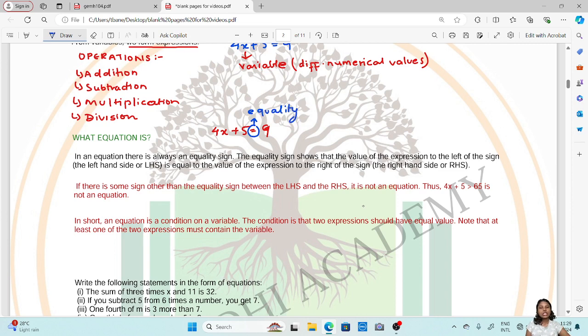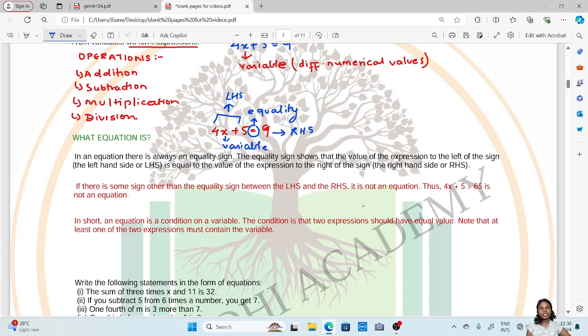Okay. So this 4x plus 5 is our LHS and this 9 is our RHS. So this is what an equation is, and this part is the solution. This x is the variable.